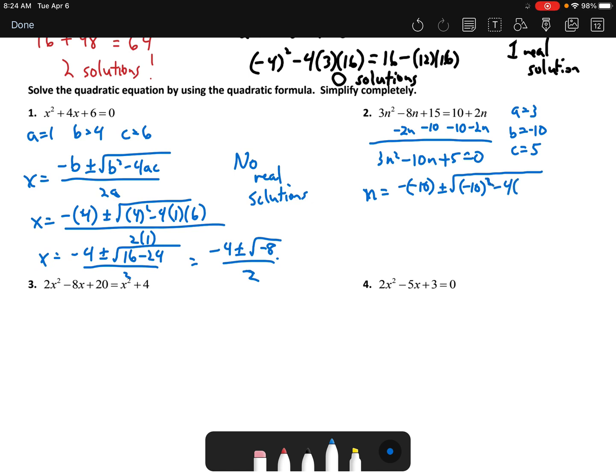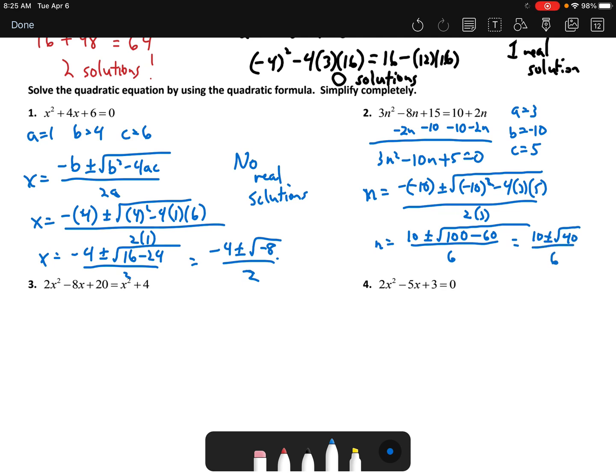Negative 10 squared minus 4 times 3 times 5 all over 2 times 3. Oh, this could be ugly. So 10 plus or minus the square root of 100 minus, is that 60? All over 6, which is 10 plus or minus the square root of 40 over 6.